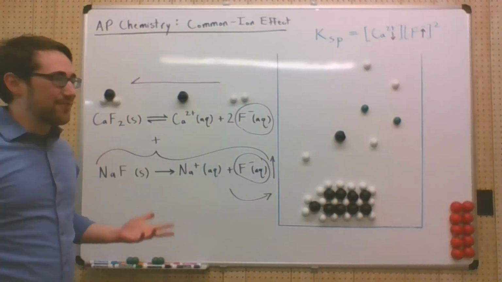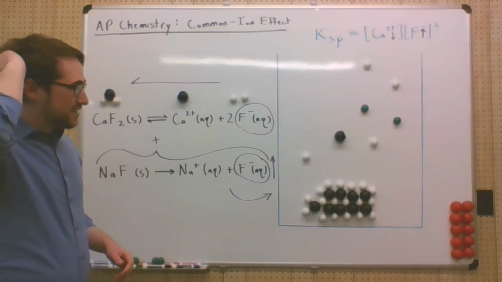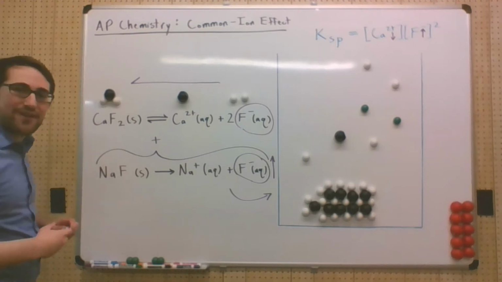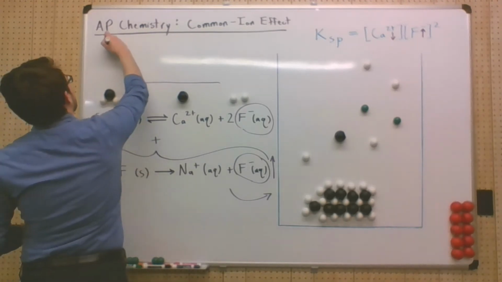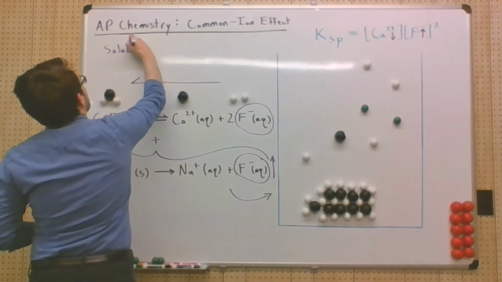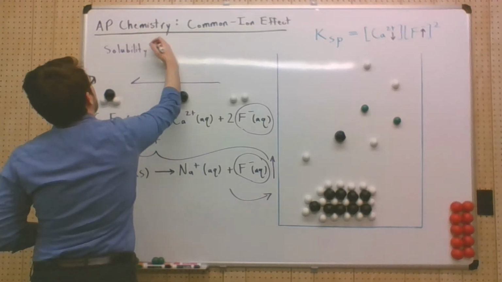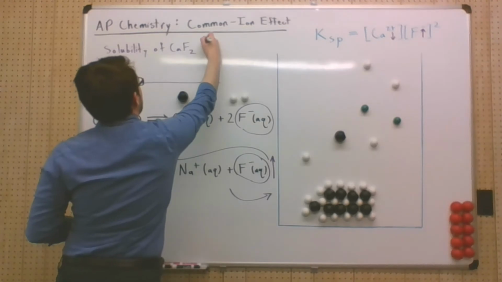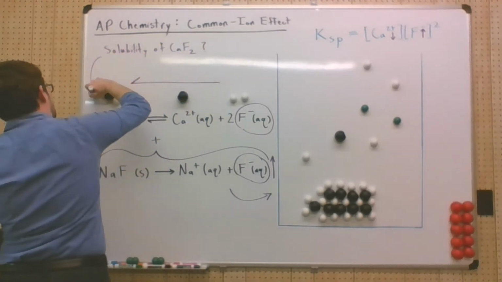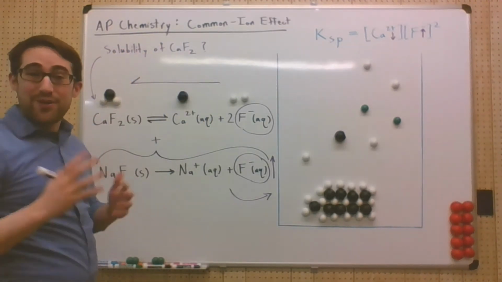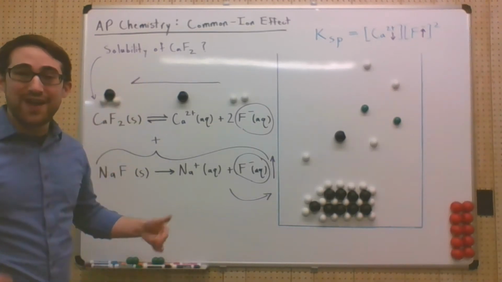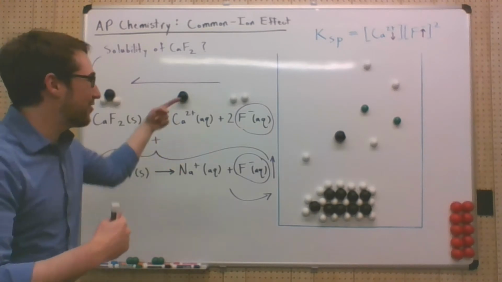Okay, well, what does that mean for this snapshot here? If I'm looking at how soluble this CaF2 is, the solubility of CaF2, well, typically we look at molar solubility, how many moles of CaF2 we can dissolve, how much we can therefore break into those ions.